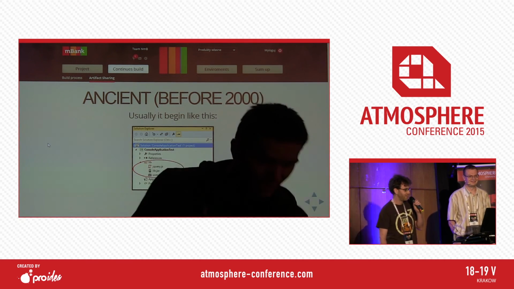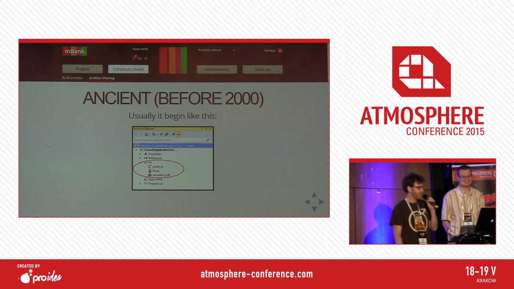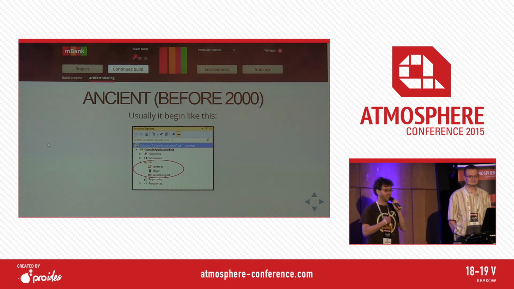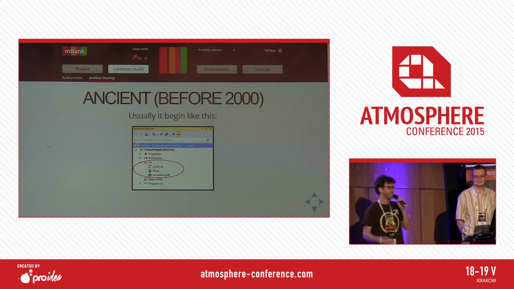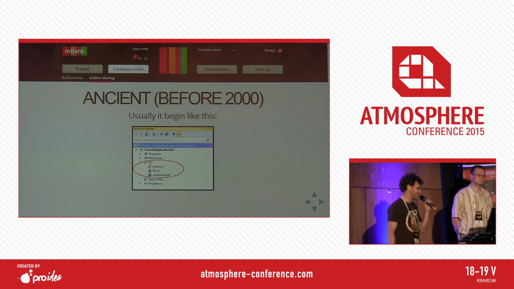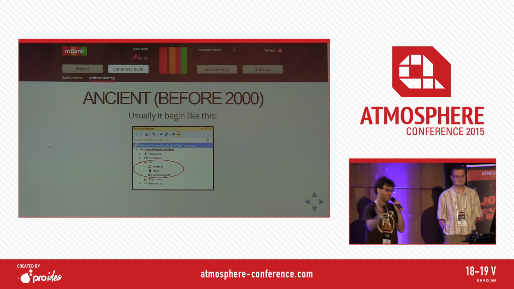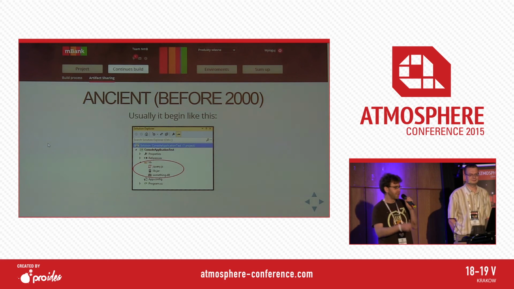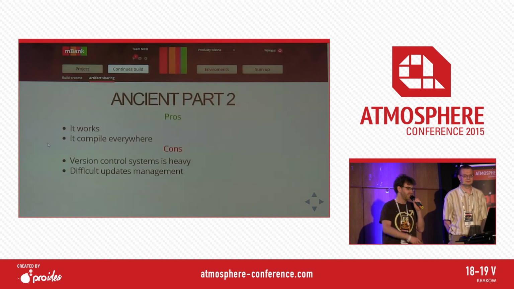Ancient times, before 2000, usually developers started, I started like this: I put all the external libraries in my folder. It was JARs, JavaScript, DLLs, everything. And put it in source control, compile it.